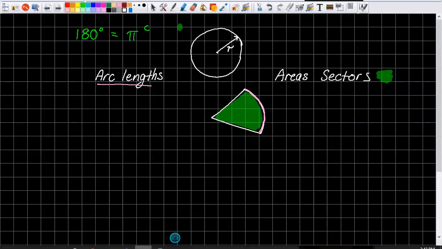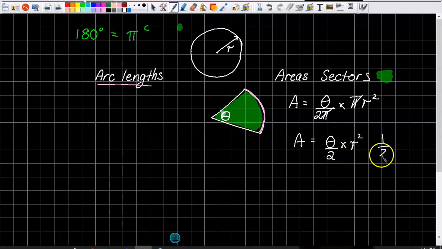So if I call this our theta, okay? Our area, what did we just say that was? Theta out of 2 pi times pi r squared. They cancel, so our formula is theta on 2 times r squared, or a half theta r squared.